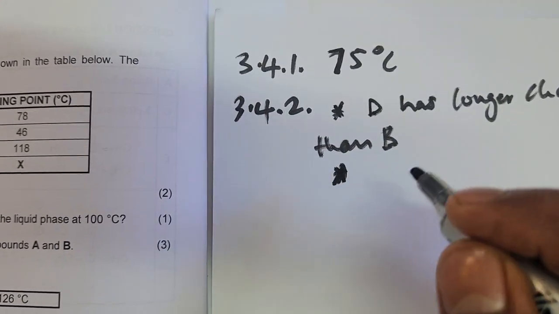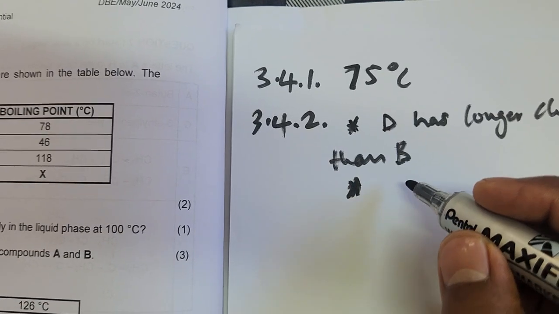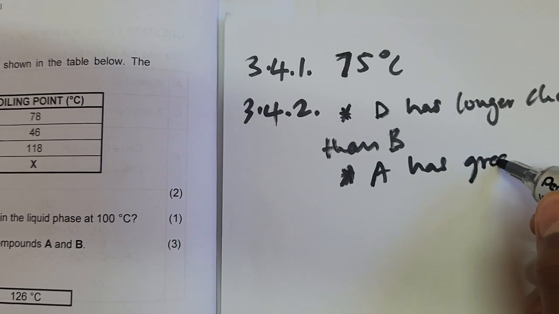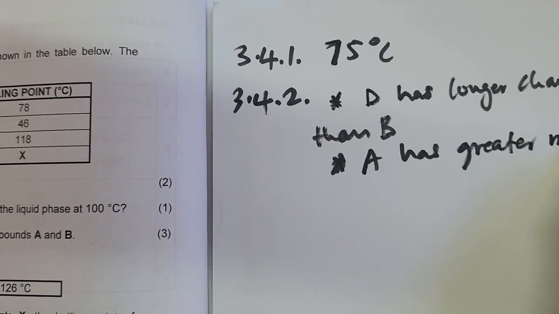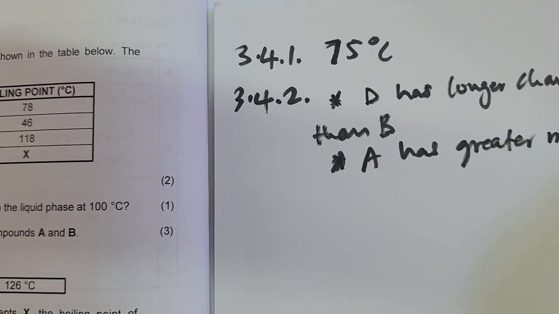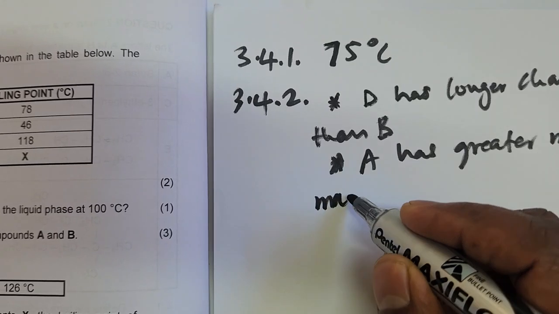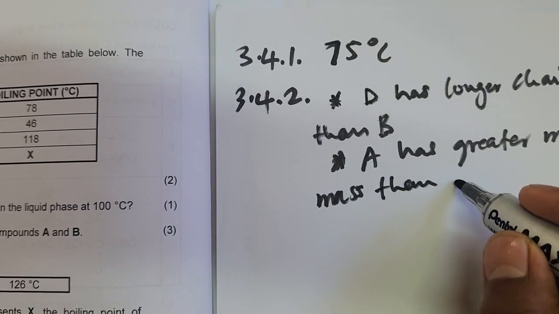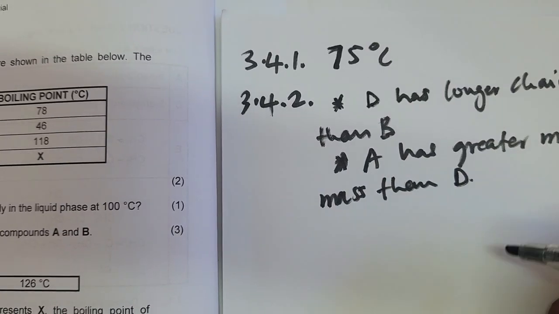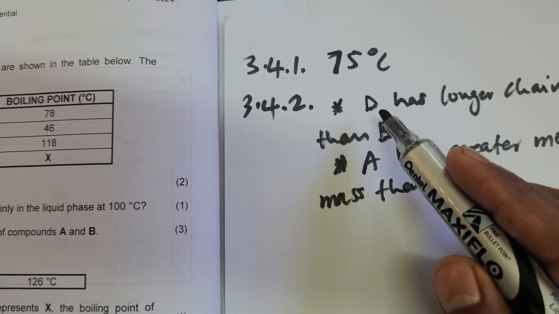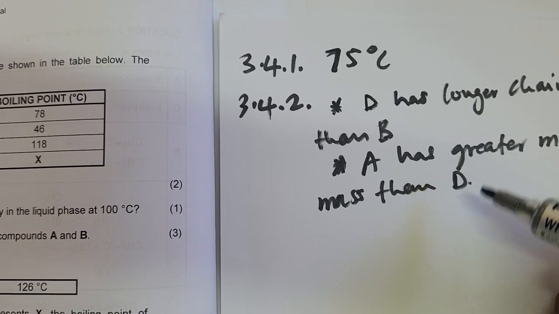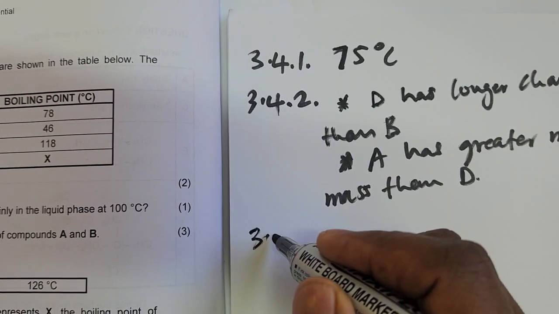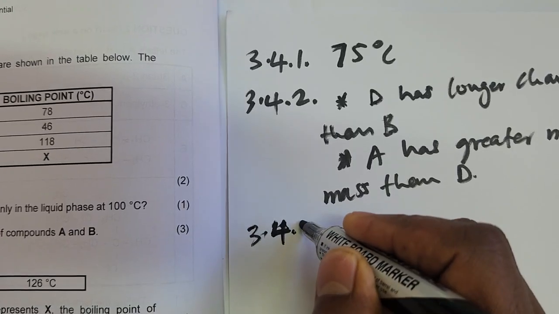The second one will be now A has greater molecular mass than D. So that A is higher than D and D is higher than B. That's why we'll have the 75. I think that's the 2 marks that they're looking for.